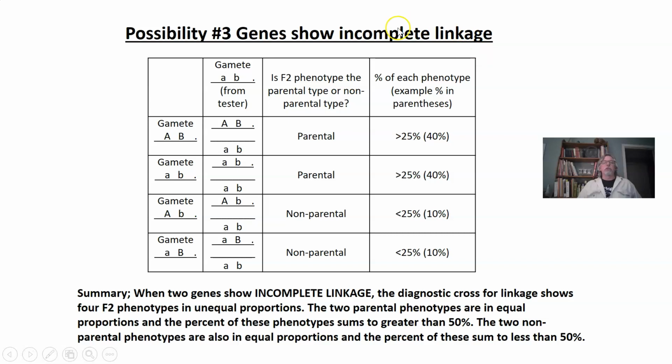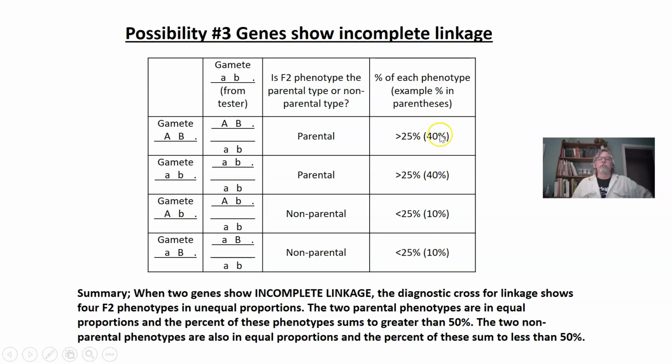Now, for genes showing incomplete linkage, there is some crossover between the linked genes. What we would see in terms of percentage is the parental types would be more common, and these two types would be equal in frequency. So here's an example.